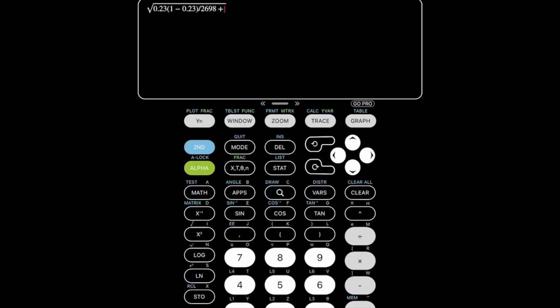Still under the square root, plus 0.19 times 1 minus 0.19, divided by 696. That looks good. Let's calculate it to 3 decimal places. It's 0.017.